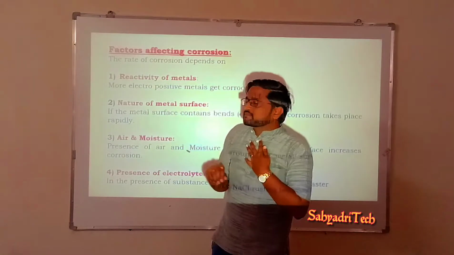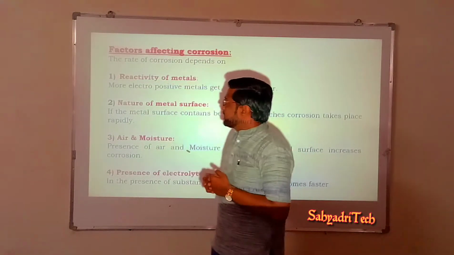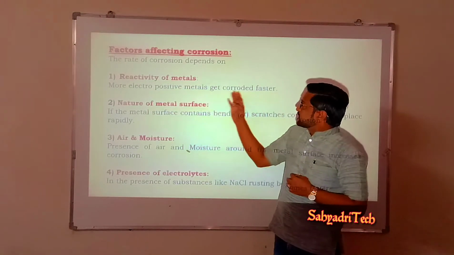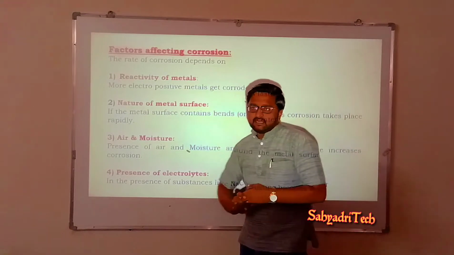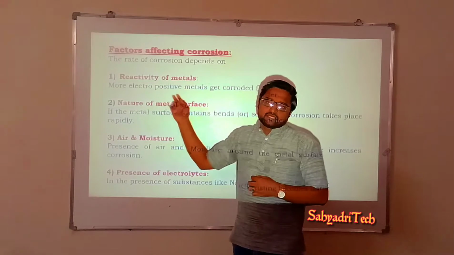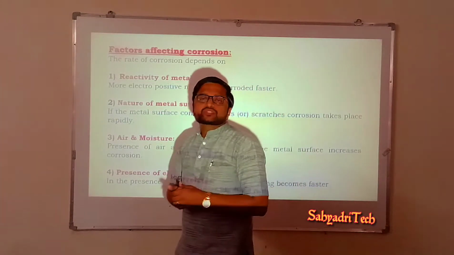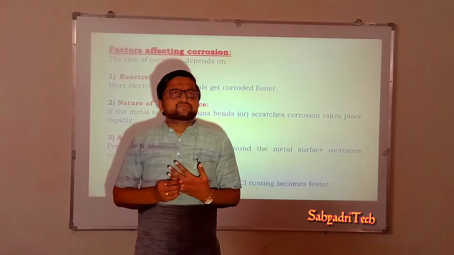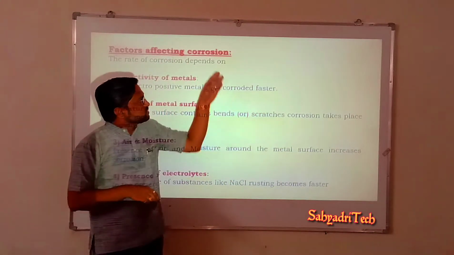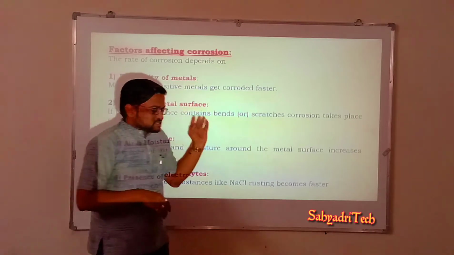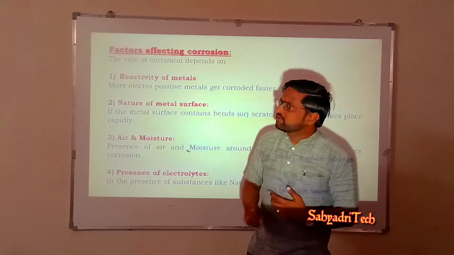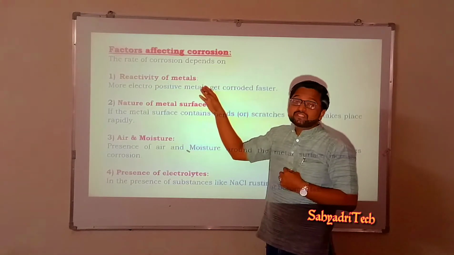If the metal is more reactive, in the sense more electropositive, it gets corroded faster than metals with low electropositive nature. Higher the electropositivity, the more reactive such metals are, therefore they readily undergo corrosion. On the other hand, if metals have very low electropositive nature, their reactivity is less, therefore they undergo corrosion slowly.